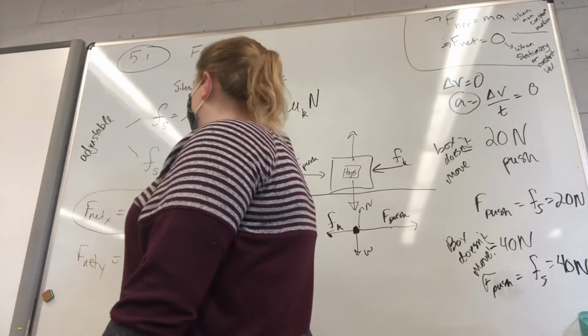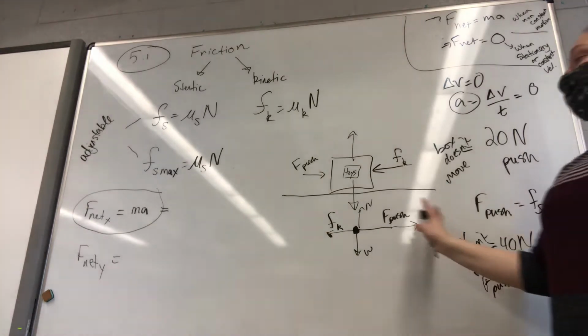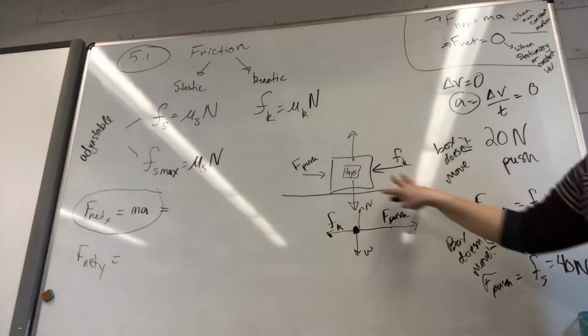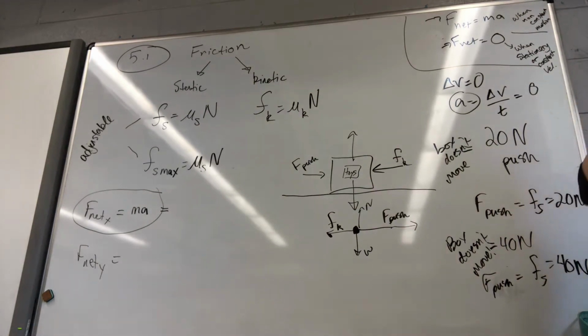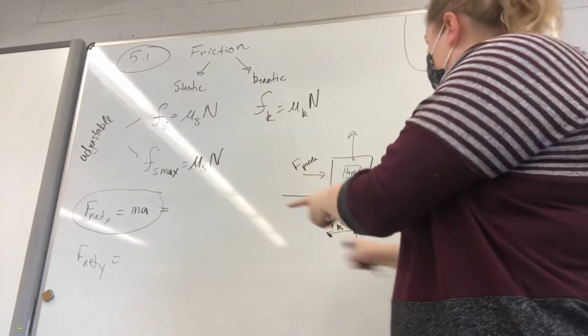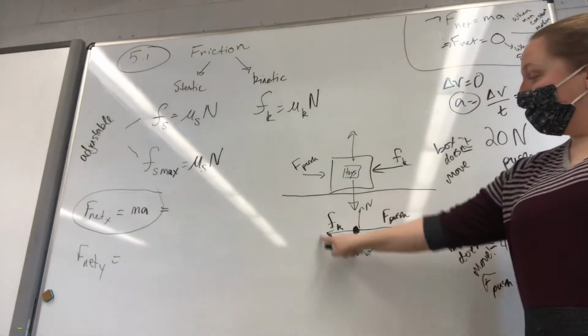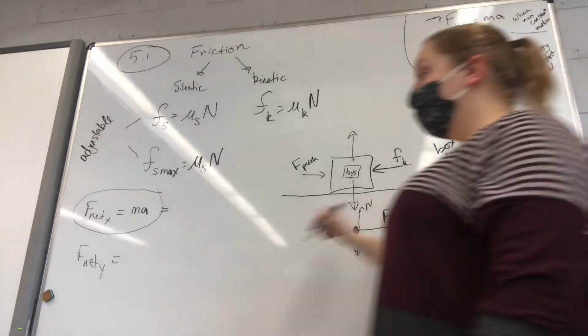We also then know that in the x direction, what expression can we derive from our free body diagram? Remember that forces that point to the right are positive, forces that point to the left are negative. So what can we write using this? F push minus FK.